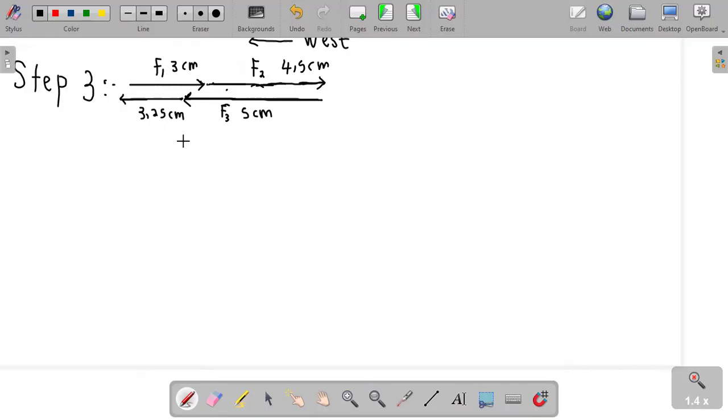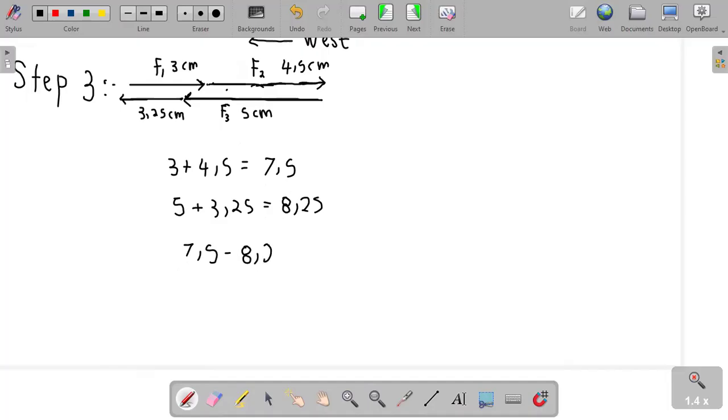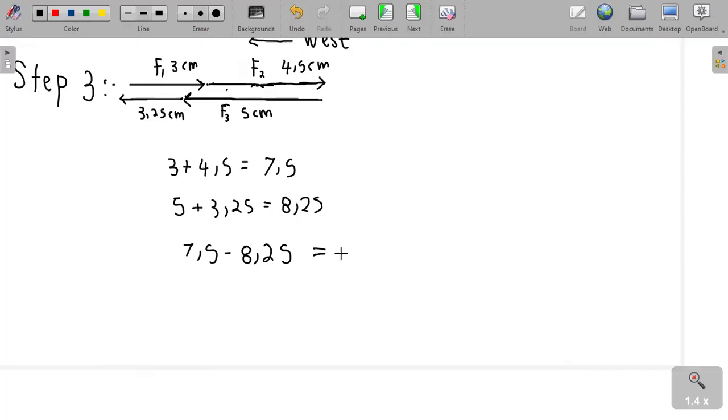If we look here, what's going to happen? It's going to be 3 plus 4.5 equals 7.5. And the other way, in the opposite direction, we have 5 plus 3.25 equals 8.25. So 7.5 minus 8.25 equals how much?